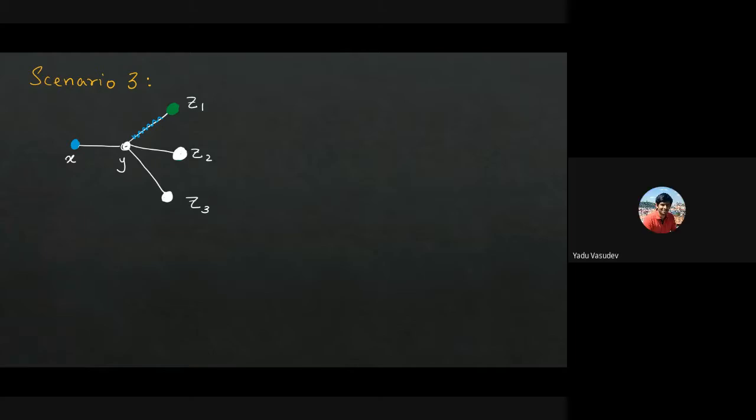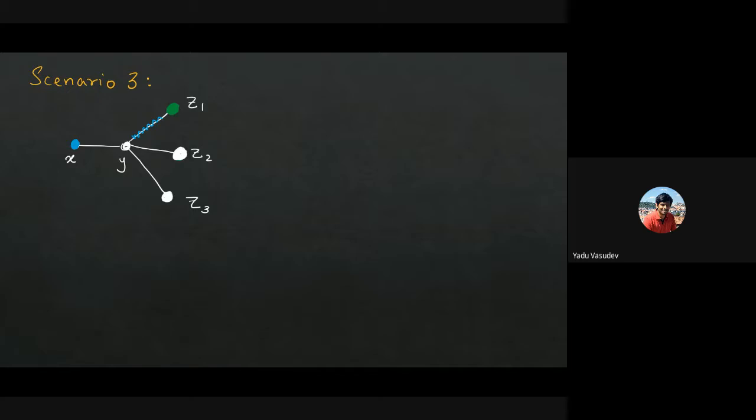So you're removing z1 and you are adding y, so it will increase by 2. The reason is that adding y and removing z1 will happen only in xt.